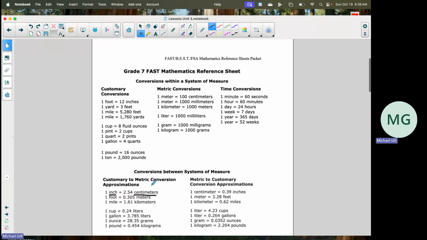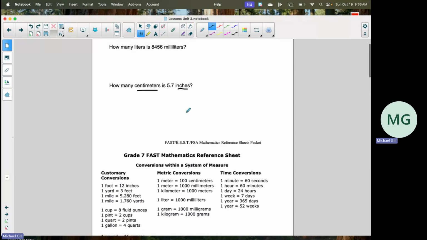So the first fraction is 1 inch over 2.54 centimeters. I'm going to abbreviate. So 1 inch, I will put an N because that's a little confusing, over 2.54 centimeters. And I'm going to do cm for centimeters.